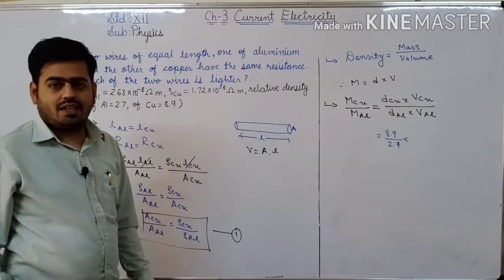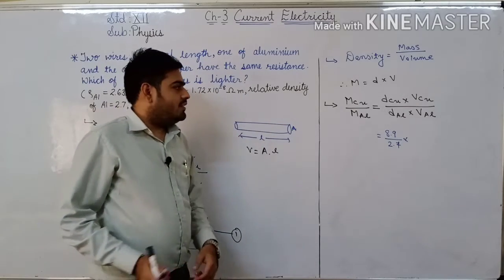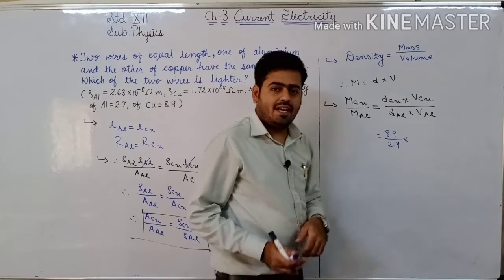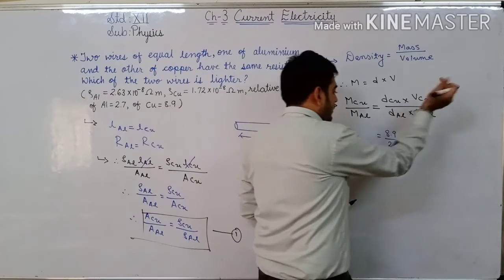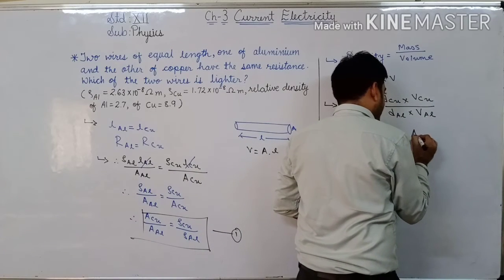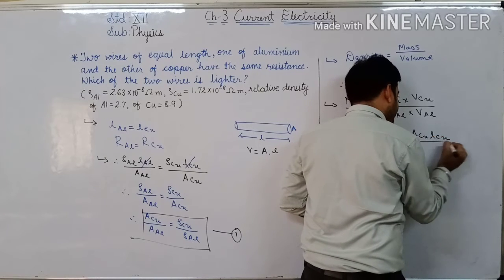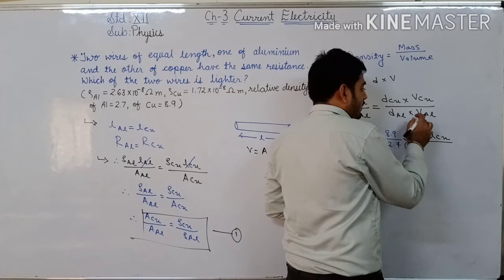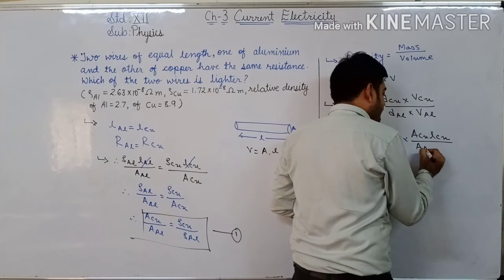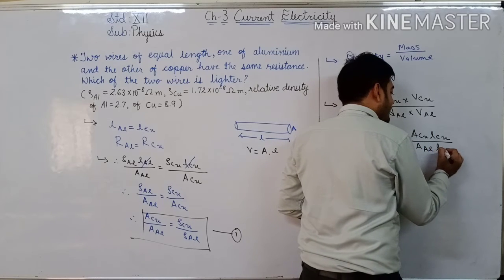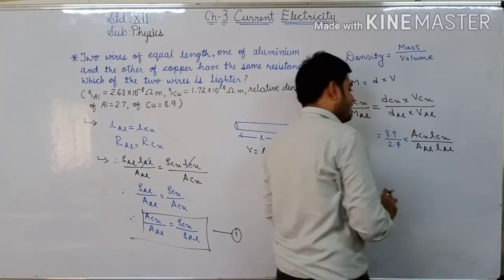So instead of volume we can write area into length. So volume of copper is nothing but area of copper wire into length of copper wire upon area of aluminum wire into length of aluminum wire.